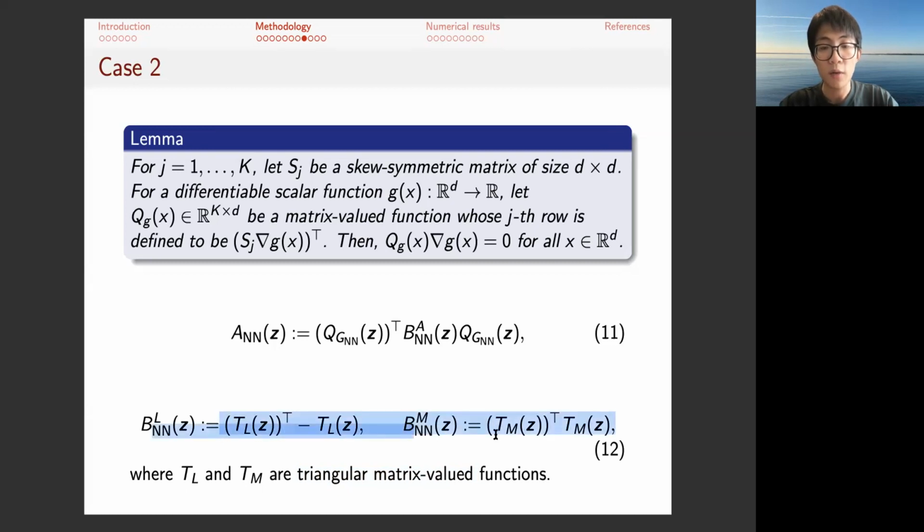And for this kind of parameterization, BL can represent in general arbitrary matrix valued function which is antisymmetric, and BM can represent arbitrary matrix valued function which is positive semi-definite. And also A will automatically be either skew symmetric or positive semi-definite, while its kernel will contain gradient of G at the same time.